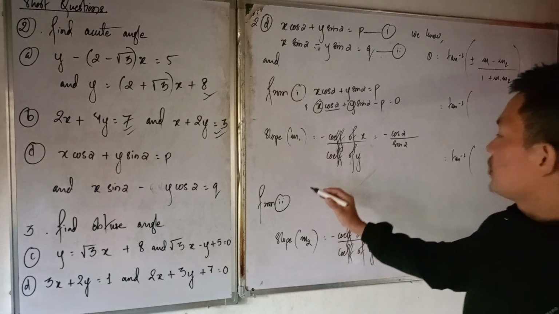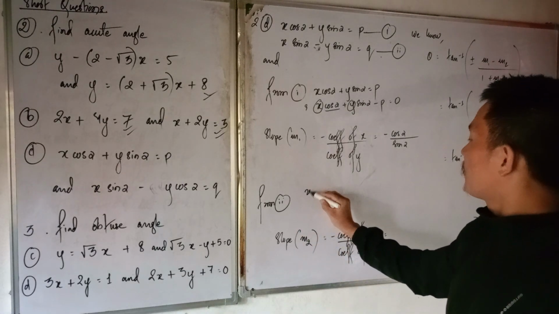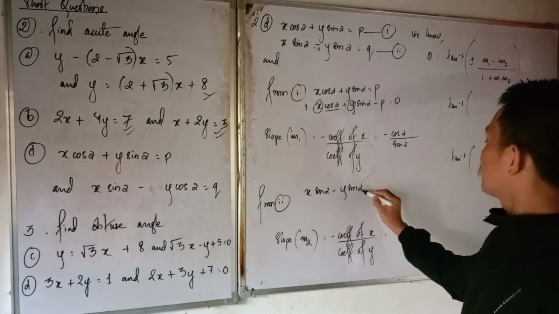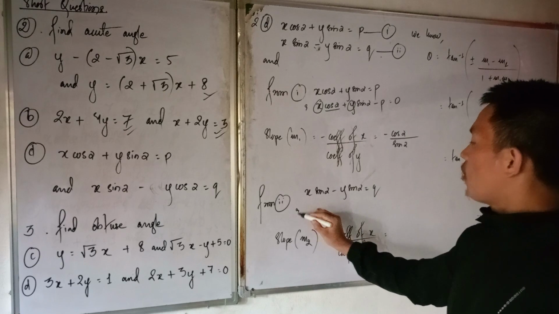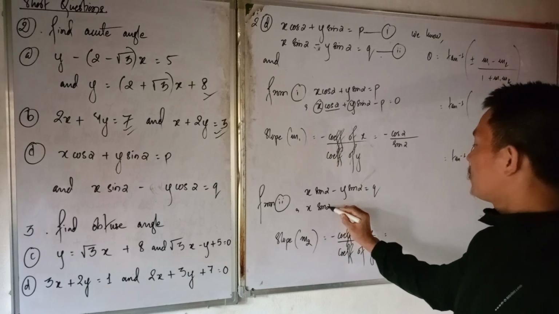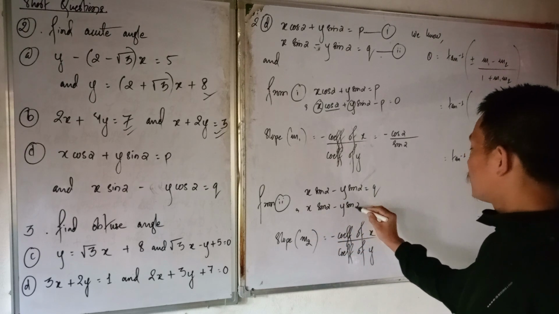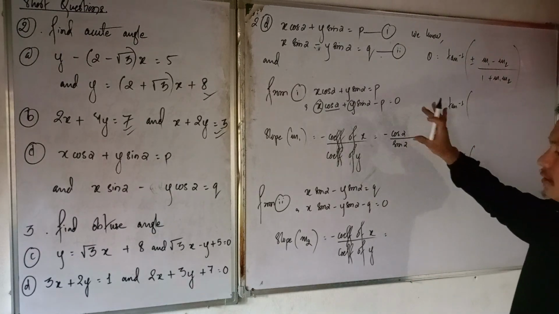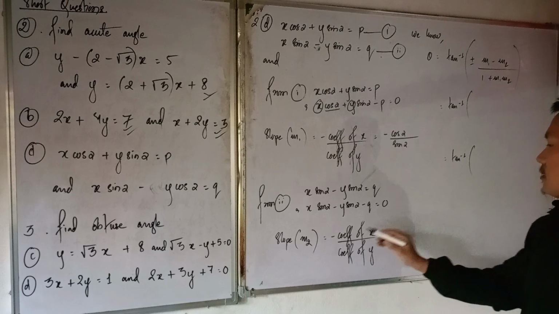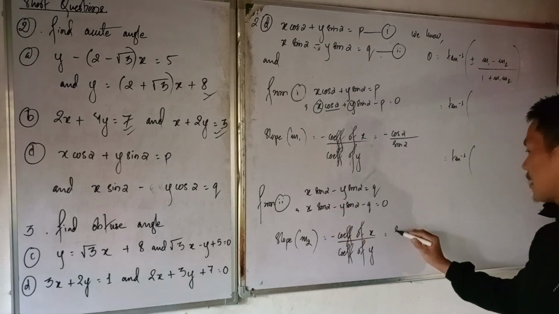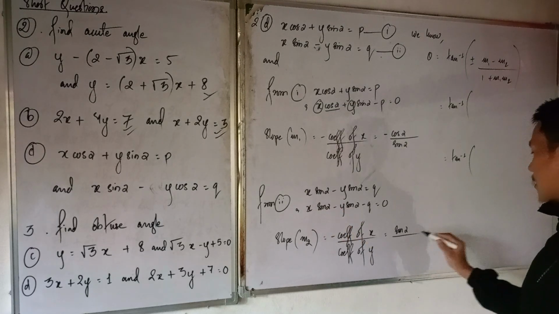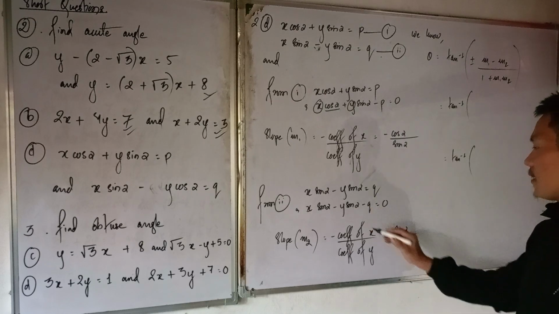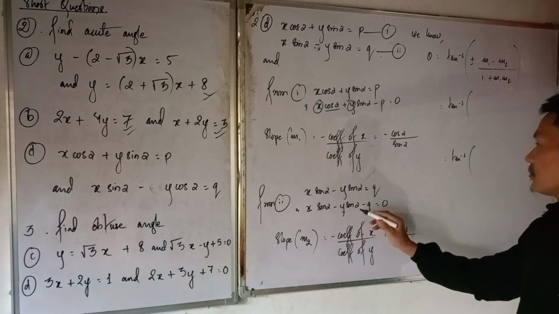Now from line II we have x sin alpha minus y sin alpha equals q, or x sin alpha minus y sin alpha minus q equals 0. Now in the same way, coefficient of x we have here sin alpha, minus sin alpha, and coefficient of y we have minus sin.